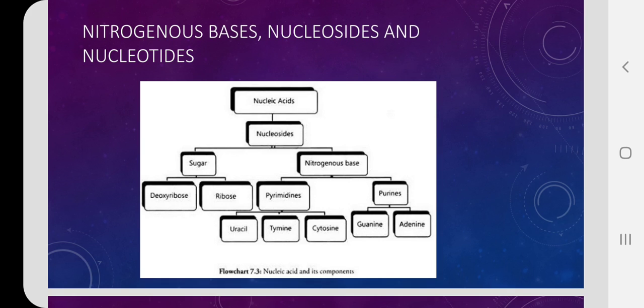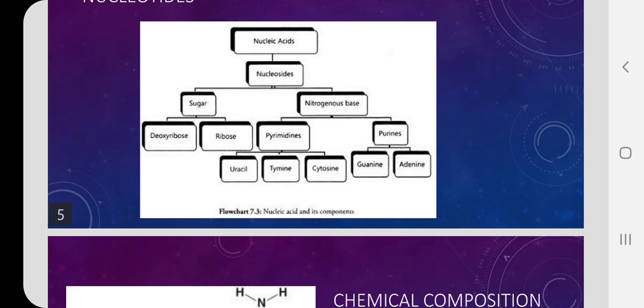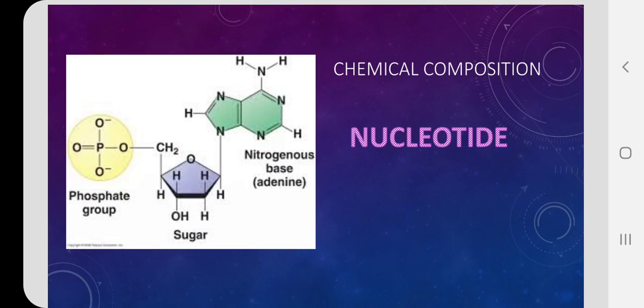When sugar and base combine, it forms a nucleoside. And when sugar, nitrogenous base and phosphate combine, it forms a nucleotide, as you can see in this picture. So one nucleotide is one sugar group, phosphate group and nitrogenous base.